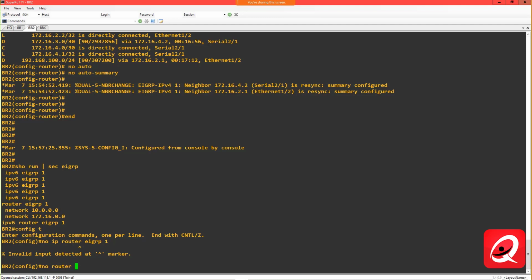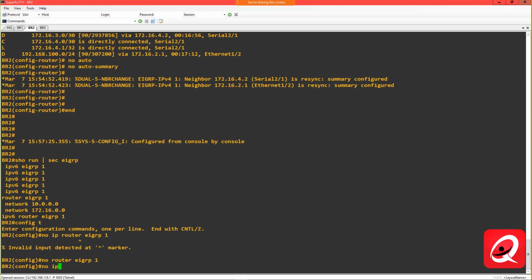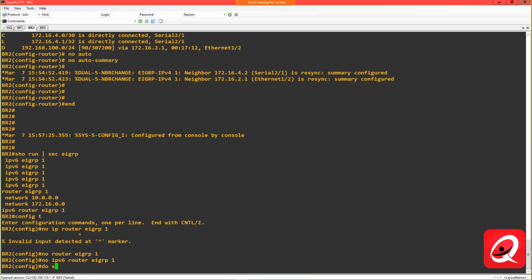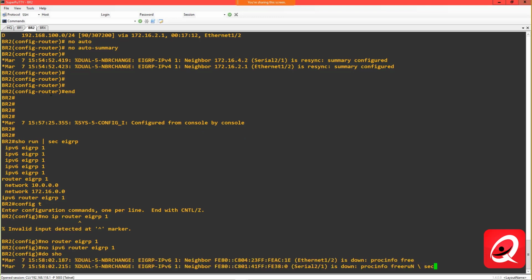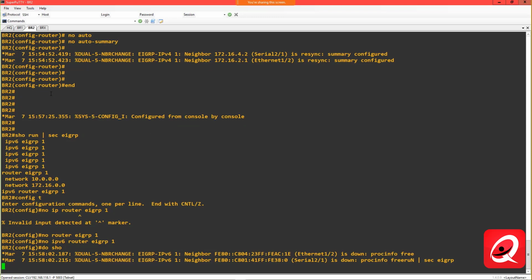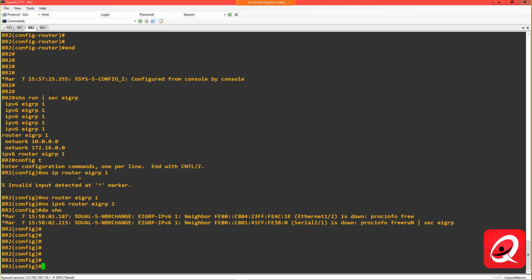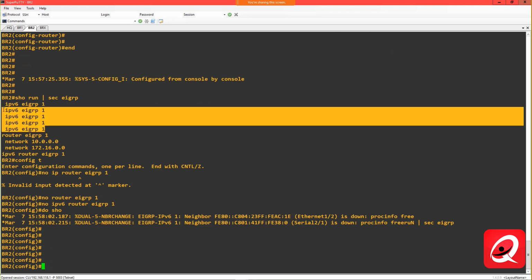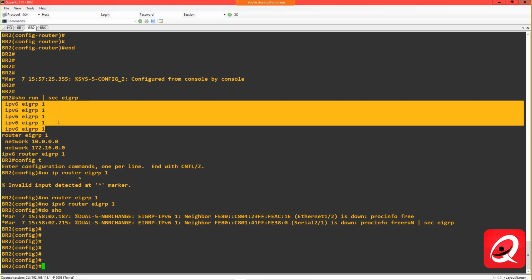I had IP in my brain for some reason there. And no ipv6 router EIGRP 1, that's probably what I was thinking of. Do show run pipe section EIGRP. Make sure it should have removed the EIGRP from the interfaces as well. Yeah, okay. Because these are all the interface specific EIGRP configurations.